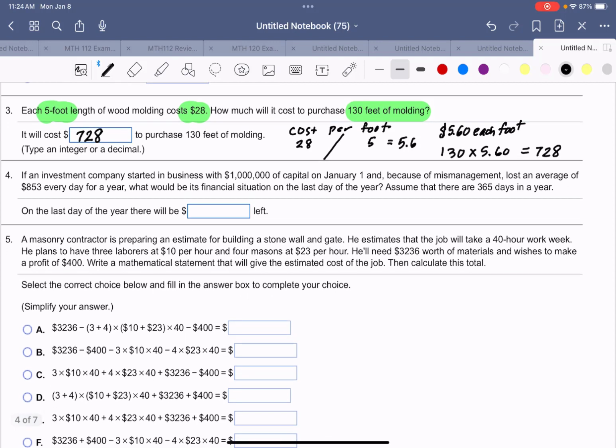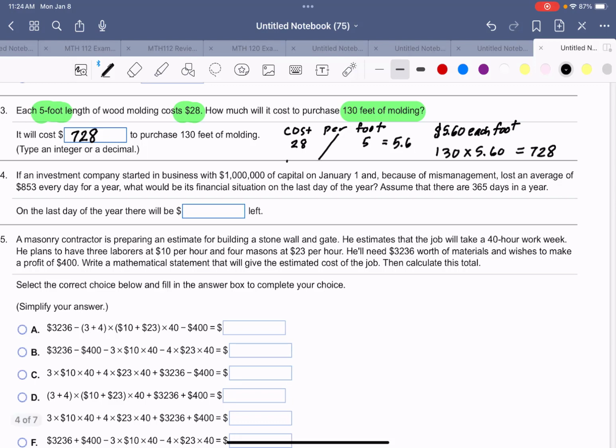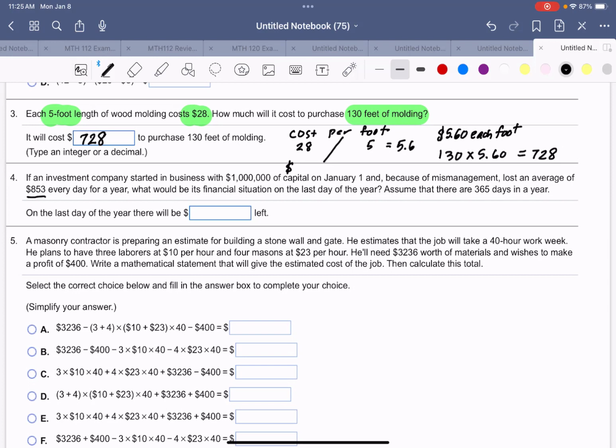Number 4. An investment company started in business with $1 million of capital, that just means cash, on January 1, and because of mismanagement, lost an average of $8.53 for every day for a year. And of course, a year is 365 days.